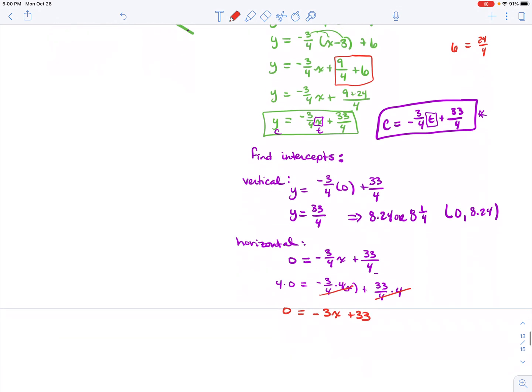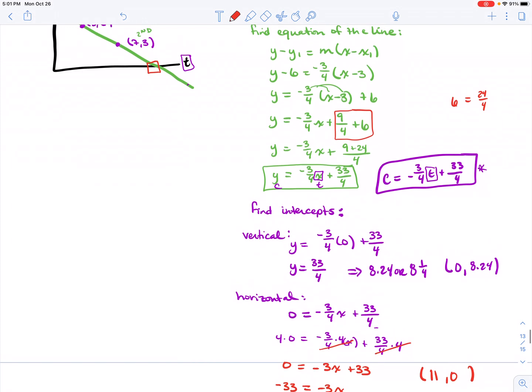And I need to solve to isolate the x, so I need to subtract 33 from both sides. And x equals minus 33 divided by minus 3, x equals 11. So that means that my horizontal intercept is at 11 and 0.